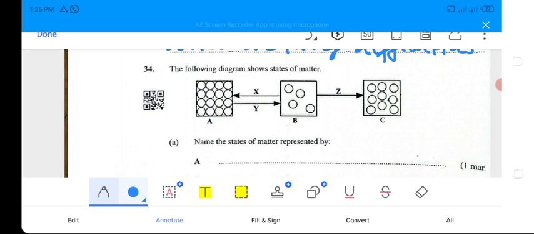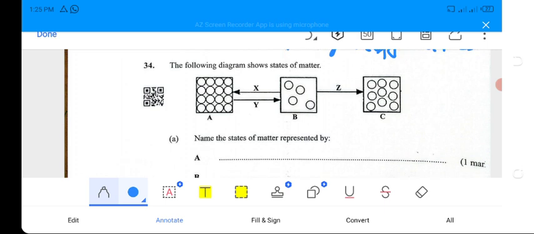When you see the particles are closely packed, like particles in A, the particles we are talking about are solids. Then when particles are far apart, it is gases. Then in liquids, particles are in the middle.